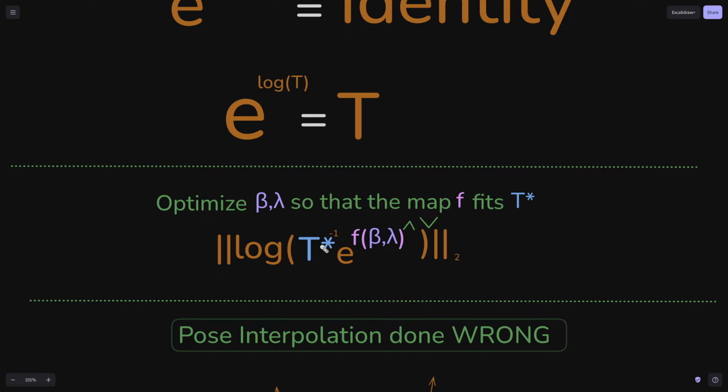And the norm of the logarithm will give you the right scalar to backpropagate your gradients in on-manifold optimization, right? Because this will be, for example, 0 in the case that F does perfect. And then the norm of the zero vector will be the scalar 0, so nothing will be backpropagated, right?